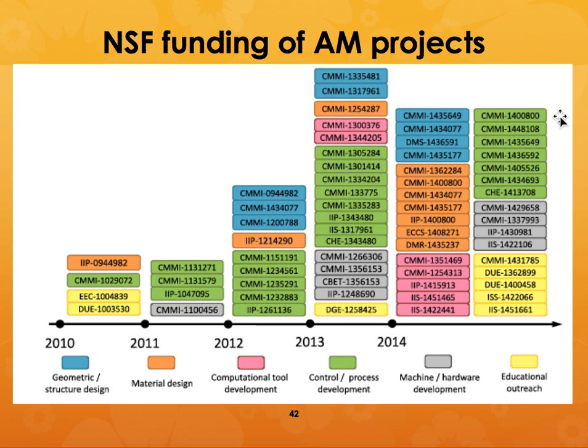And you can see that the number of projects that they are funding in the control and process development are much more than in the past. So you can see that that is where all the eggs are going to be placed.